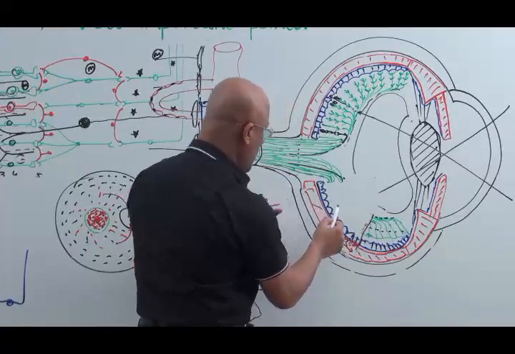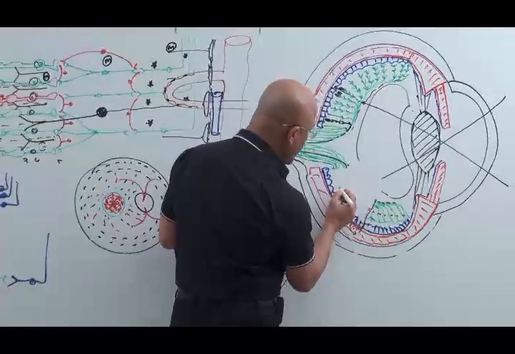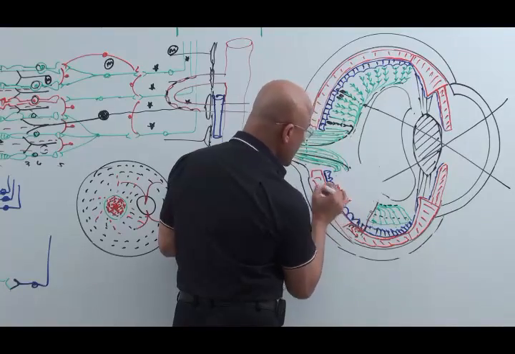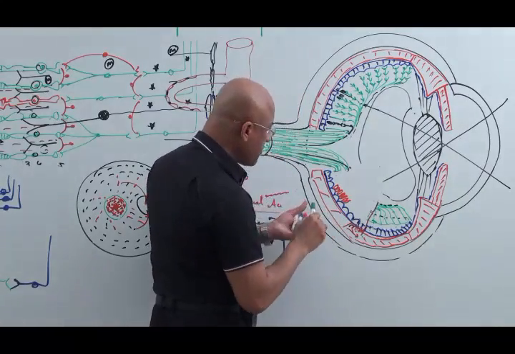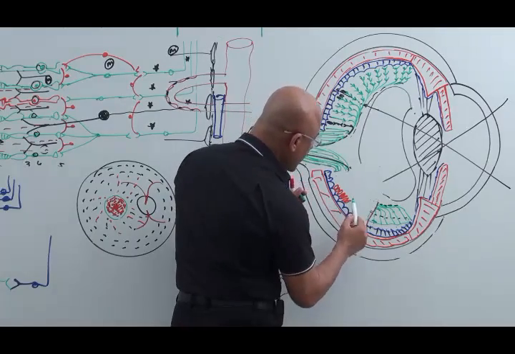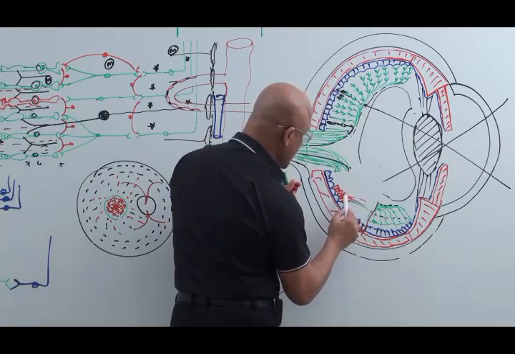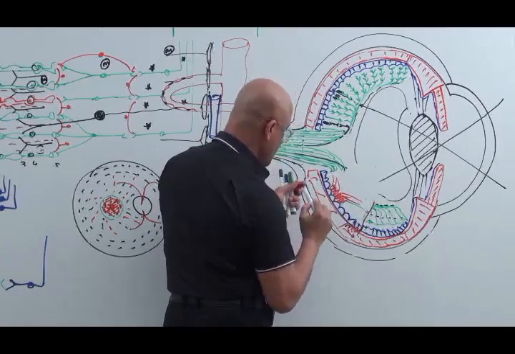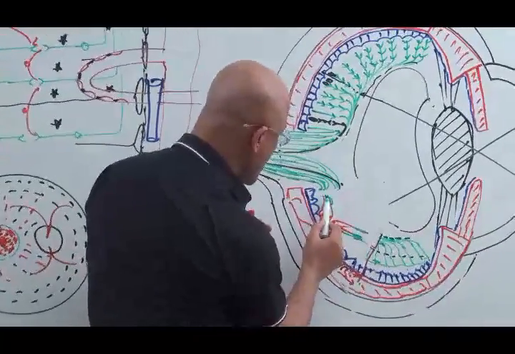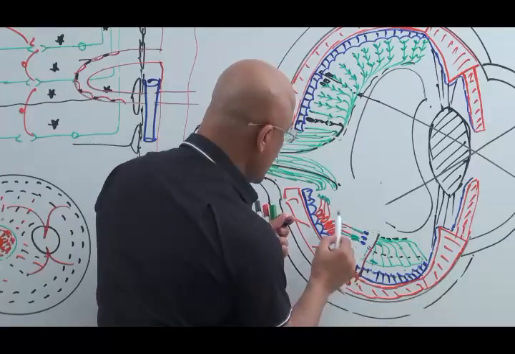Now, where there is fovea, it is only a cone area. Cones have very long processes, and here are their bipolar cells. You get it? And here are, suppose, their ganglion cells.